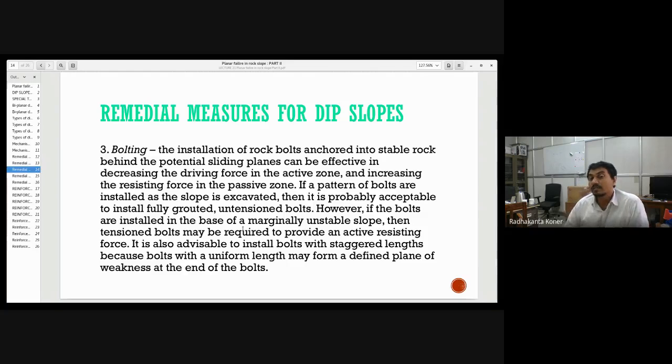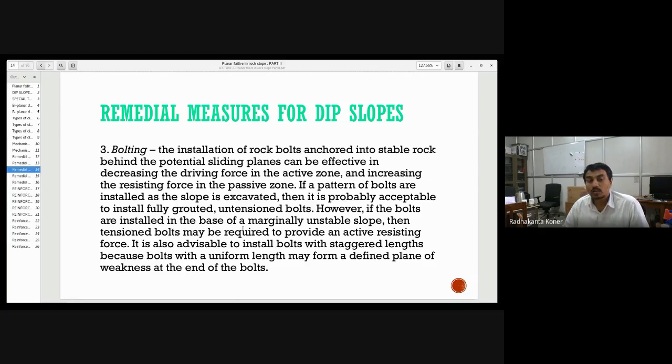Third option, the third method that is followed, is widely followed in different mines, and that is called rock bolting. This bolting may be tensioned rock bolt or untensioned, based on the requirement.